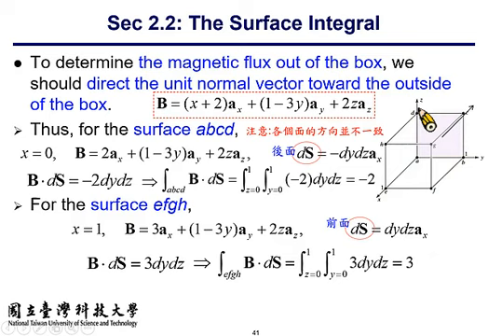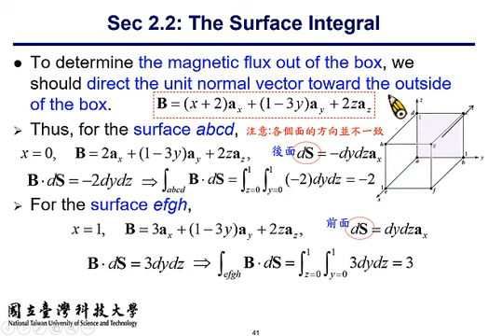So let's begin with the surface ABCD. From my own slide, I tried to add some color on the back surfaces, but it's apparently not shown on the screen. All right.